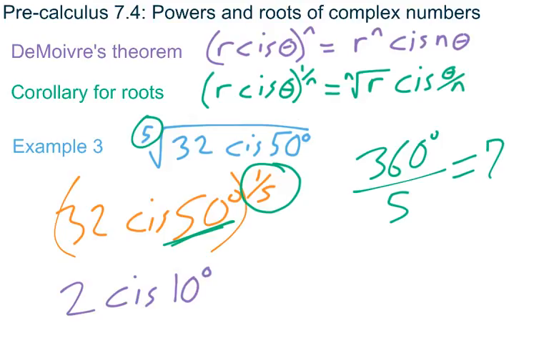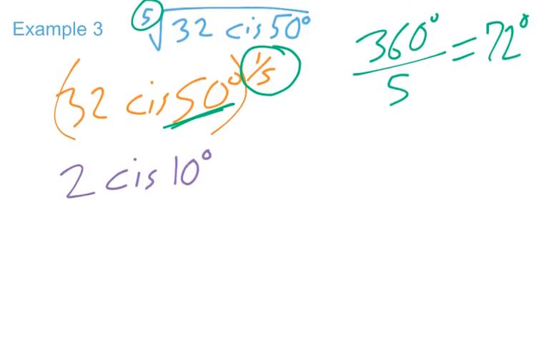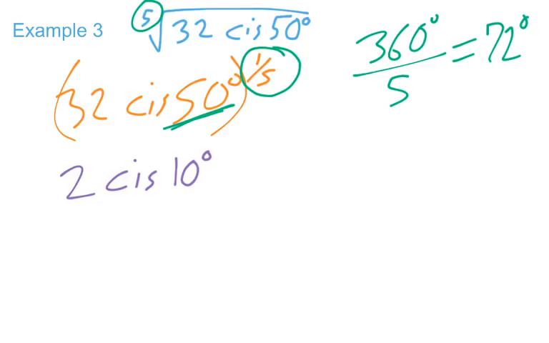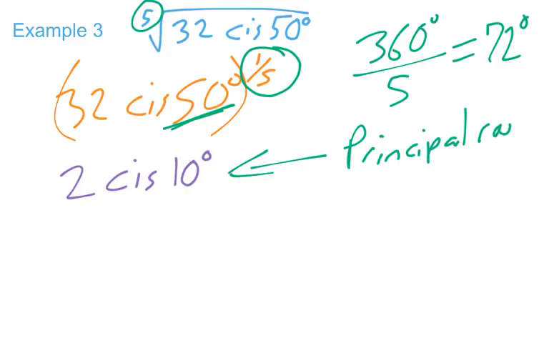Hopefully you know, or at least you can use a calculator and find that 360 divided by 5 is 72 degrees, which means all of our other answers, after we found this, which by the way is called the principal root, all of our other answers will come from the same exact modulus, and then we will just add that number in. So this will be 82 degrees.